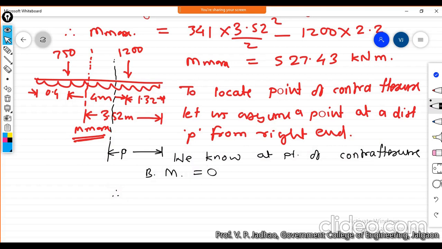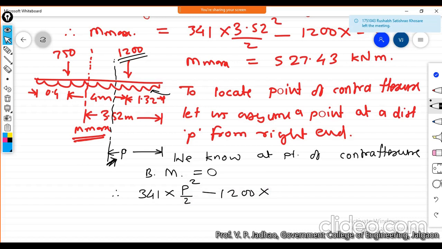Therefore, the bending moment at a distance small p from the right end is given by the bending moment due to the upward soil pressure, 341 kilonewton per meter, multiplied by length, p square divided by 2. This will be positive, and the negative bending moment will be due to the 1200 kilonewton load, therefore minus 1200 multiplied by this distance.